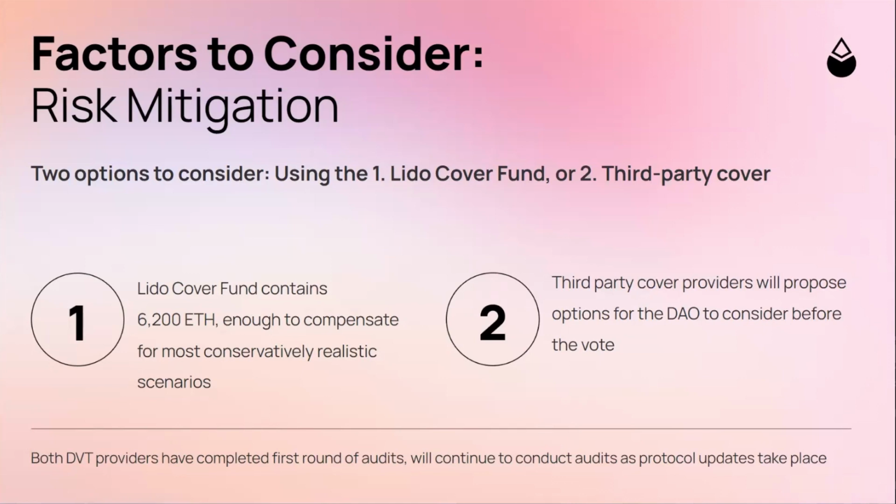So the Lido cover fund, there's more detail about this in the Lido research forums, currently contains about 6,200 ETH. Per research that's been done by the Lido analytical work stream, this is more than enough to compensate for most realistically conservative scenarios.